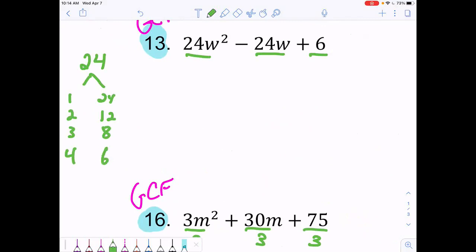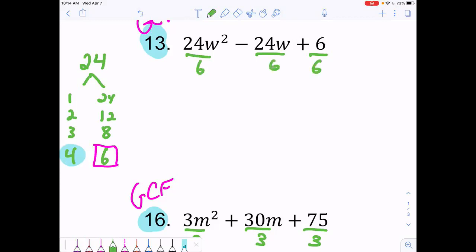Bill, which one of these factors has a perfect square in it? 4 is, right? So if 4 is the perfect square, then that means we need to take out the 6. Very good.